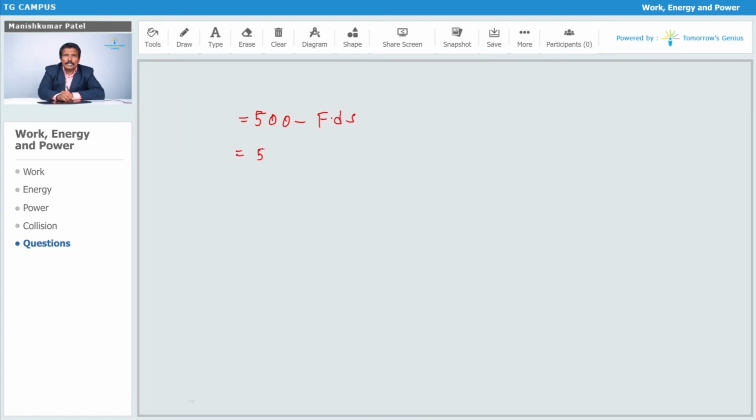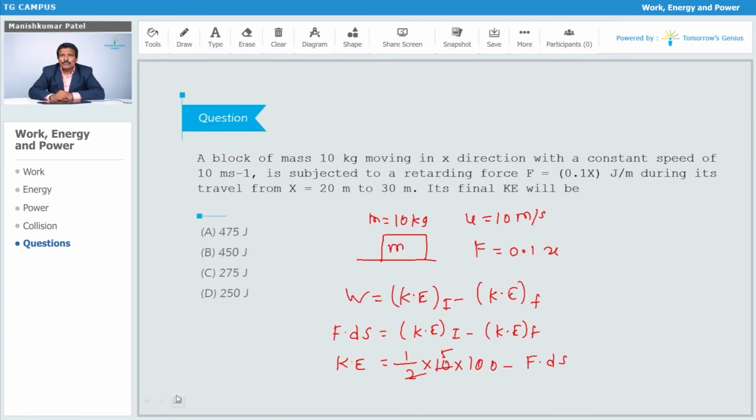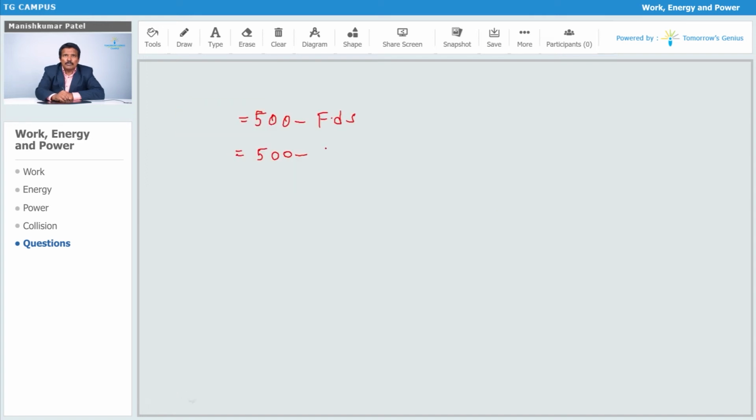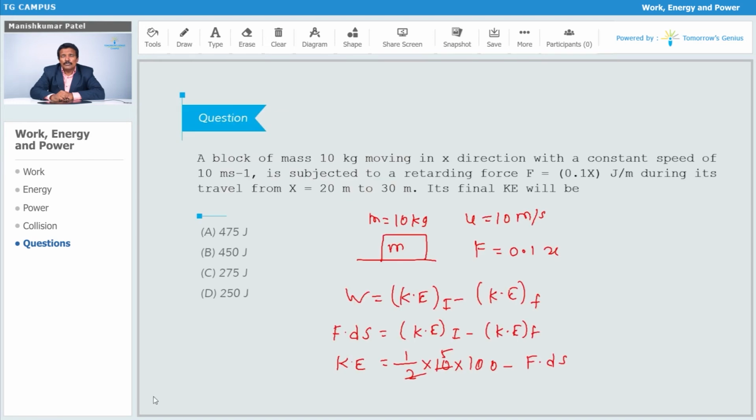So this is 500 minus force. The force is 0.1 into x, and ds is along the x-axis. So 500 minus 0.1 x square upon 2. Further, x is changing from 20 to 30.